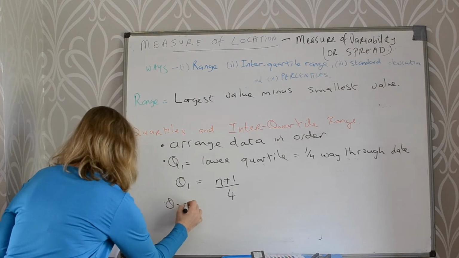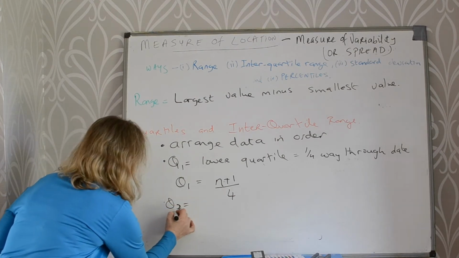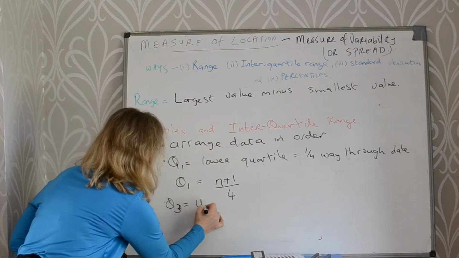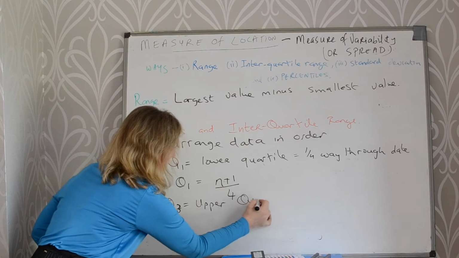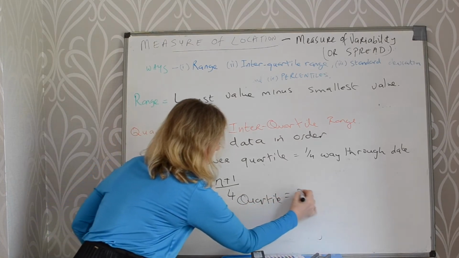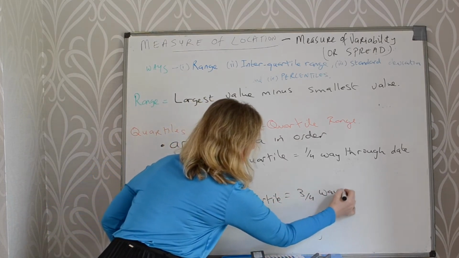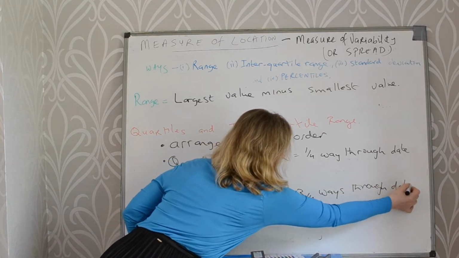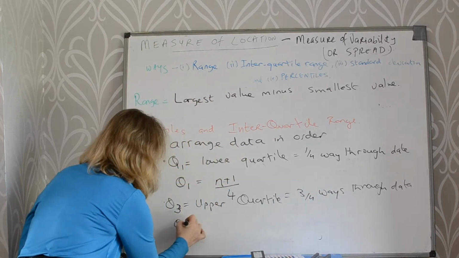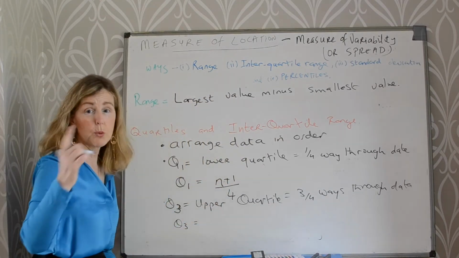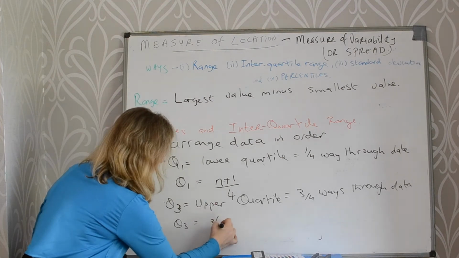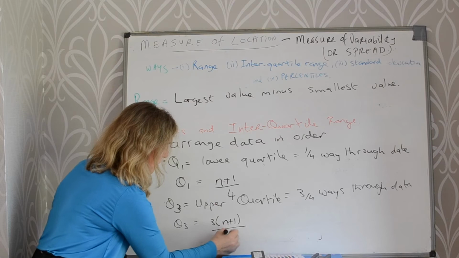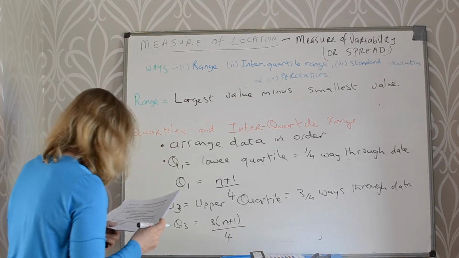Q3 is 3/4 of the way, the upper quartile. If you like, it's 3/4 of the way through your data. To get the Q3 value, it's 3 times n plus 1, your number of data plus 1, all divided by 4, so 3/4 of the data.